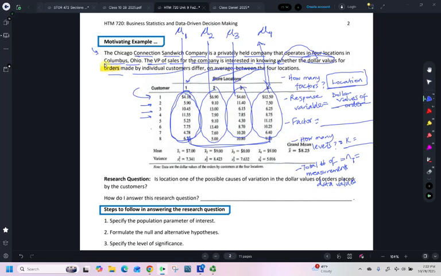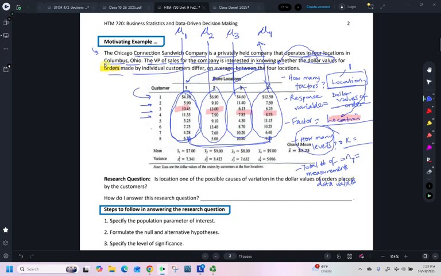And of course, how many factors do we have here? We have one factor, namely what? Location. A typical question that might come with that factor is how many levels do we have for this factor? Well, how many different locations are we looking at? 1, 2, 3, 4.